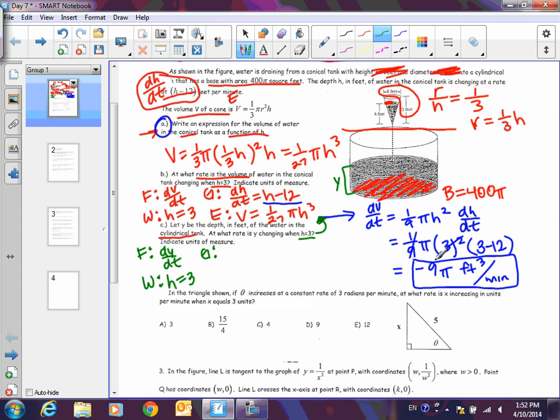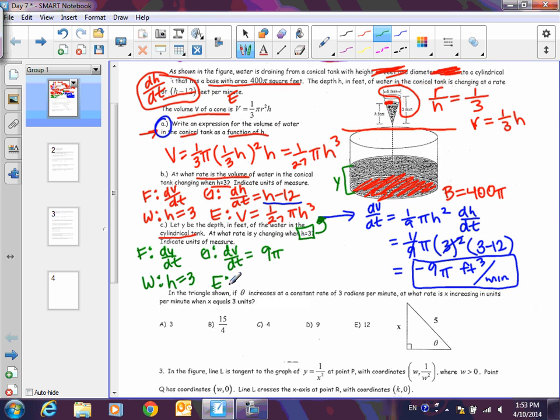That cone is losing water at 9 pi cubic feet per minute. So at what rate is the cylinder gaining water? 9 pi, positive 9 pi cubic feet per minute. So our given, it wasn't obvious, but our given is our dV over dt is positive 9 pi. And that's why I was saying you need the h equals 3. I'm going to show you something in a minute why. Well, let's just continue in the problem.